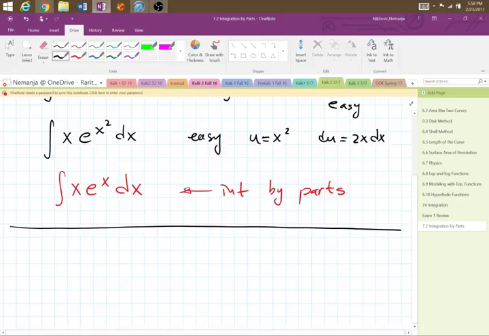So now, what is integration by parts? It's actually the reverse product rule.